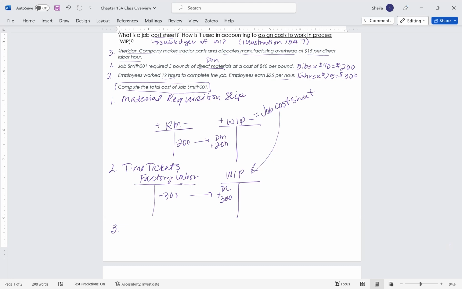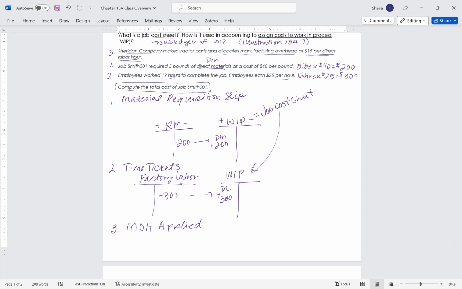Direct labor, in this case, is said to drive overhead cost. This is where we have manufacturing overhead applied, and all it means is we're allocating our total overhead cost to all of our jobs. In particular, this one is $15 per direct labor hour.